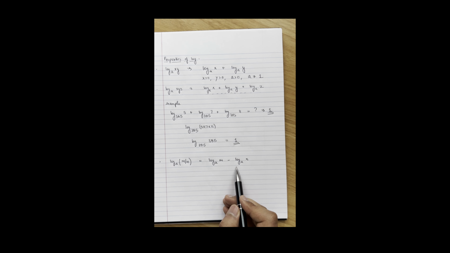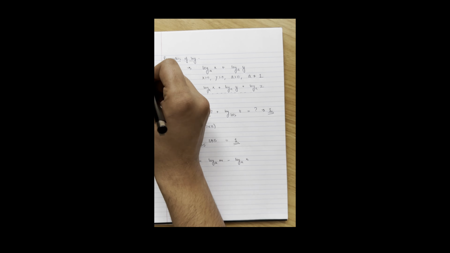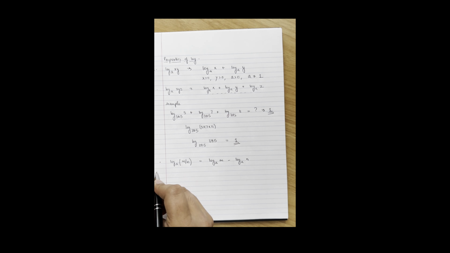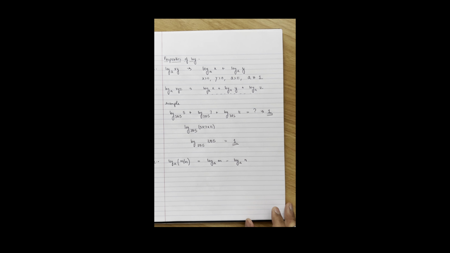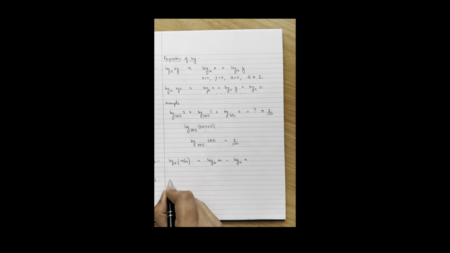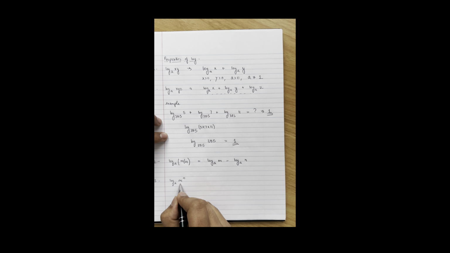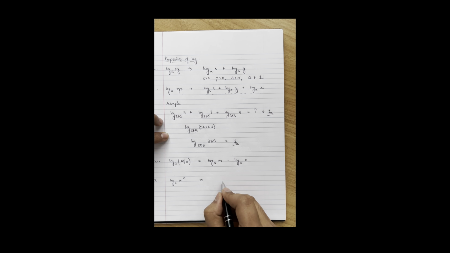That's the difference. So this is the second property, and this is the first property. Now the third property: log a of m to the power n. Now this n is the power of m, so you can write it as n log a m.